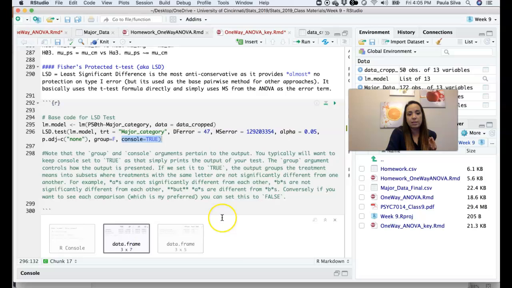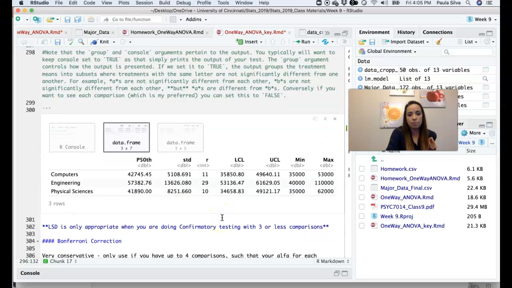So when we ran this, we saw, this is a long table. It gives us the mean for each one of the conditions, for each one of the groups, the standard deviation. It gives us the number of majors in each one of them. It gives us the confidence interval, the lower limit and the upper limit for each one of them.